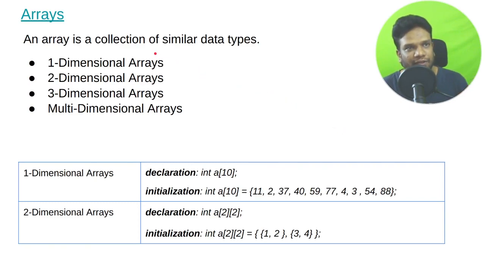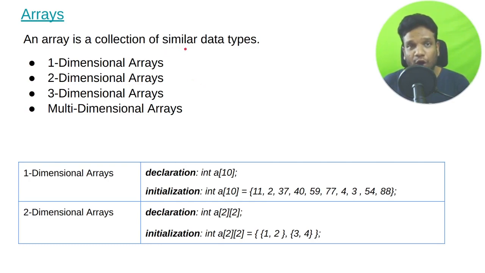The definition of an array is a collection of similar data types. In this example, we collected all integer data types together and call it an integer array. Similarly, if I collected all characters into an array, it is called a character array. We are grouping similar data types like characters together.